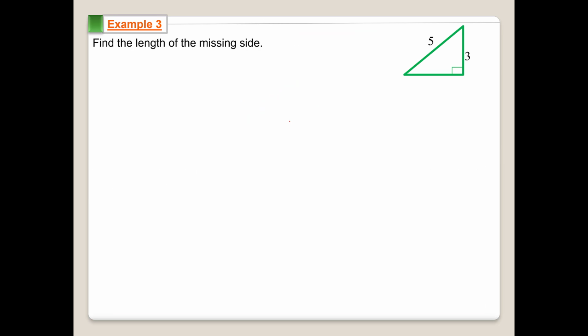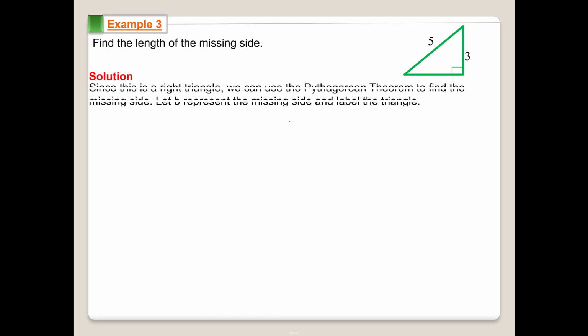So find the length of the missing side. We have a 3 for one leg, and our hypotenuse is a 5. For our solution, since it's a right triangle, we can use the Pythagorean theorem to find the missing side. Let B represent the missing side and label the triangle.